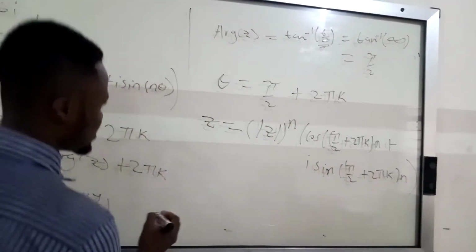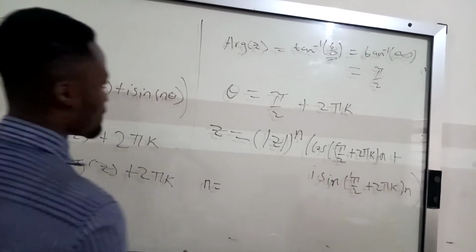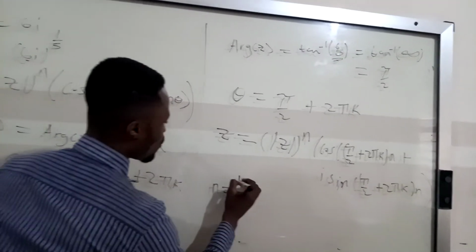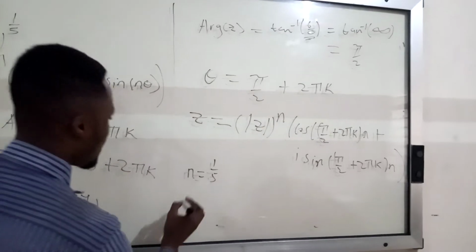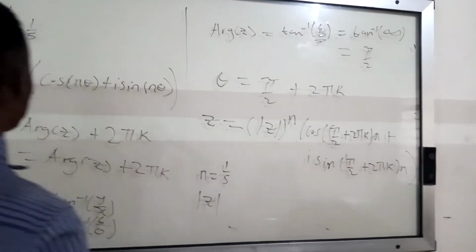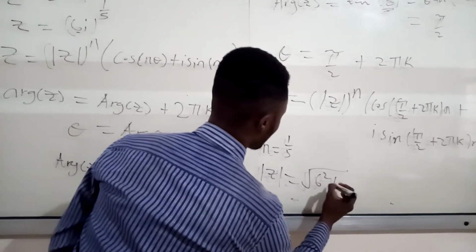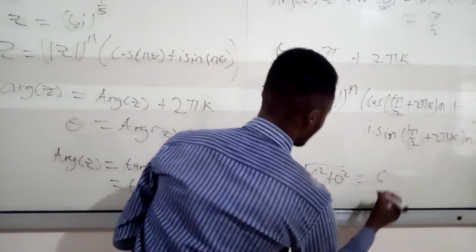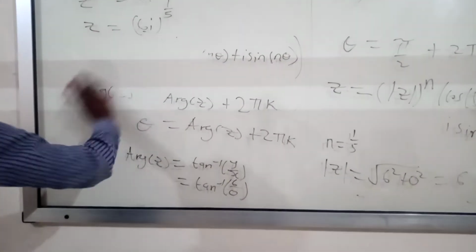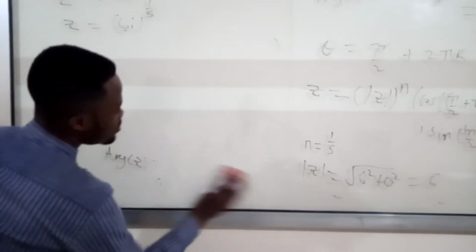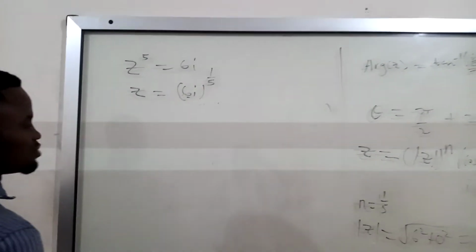Then what is our n from the question? n is equal to 1 over 5. What is the magnitude of Z? The magnitude of Z is equal to the square root of 6 squared plus 0 squared, which is the same as 6. So we know the magnitude and we know n, so we substitute into the equation.